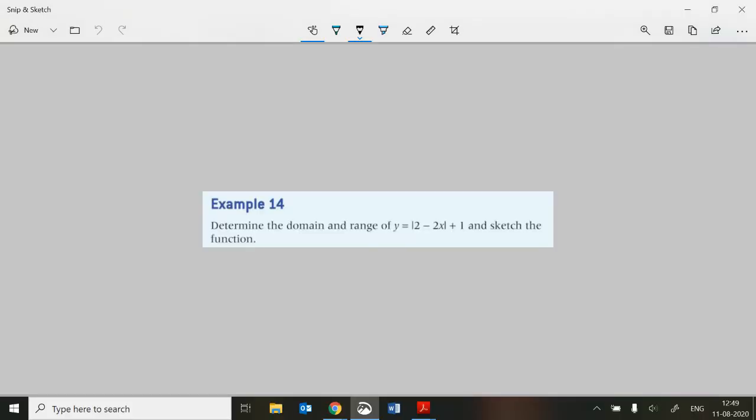And so for this one here, you can actually plot the graph of 2 minus 2x to start off with. The 2 minus 2x is going to cross the y-axis at 2, but it has a steepness of minus 2. So it's going to go through 1 here. So that's going to go like this. Let's go through those 2 there.